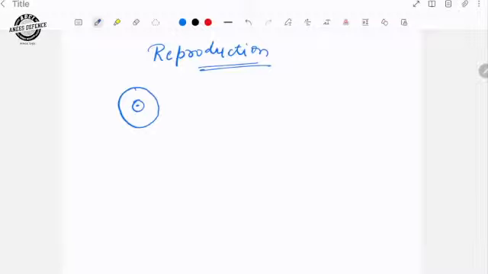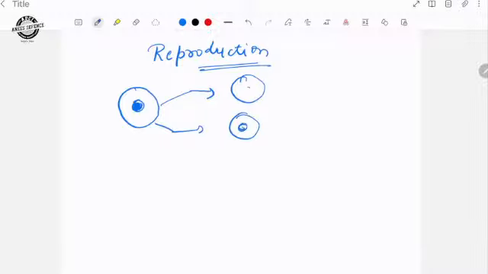This cell is going to divide and produce similar types of daughter cells which look similar to the parent. This cell is considered the parent and these both are considered daughter cells.